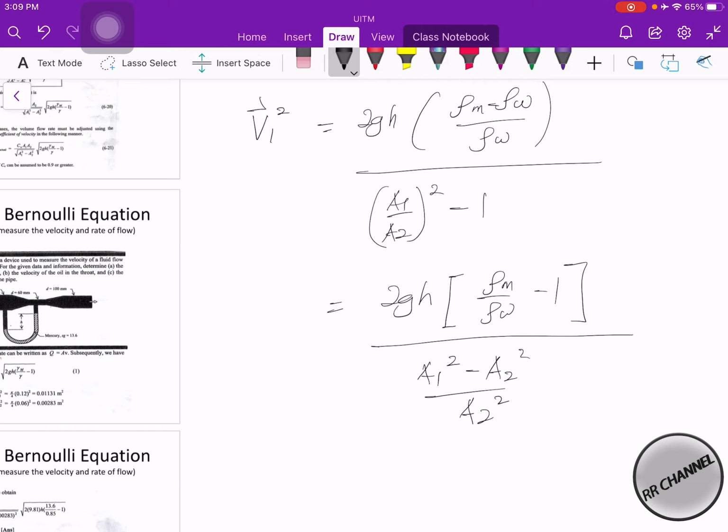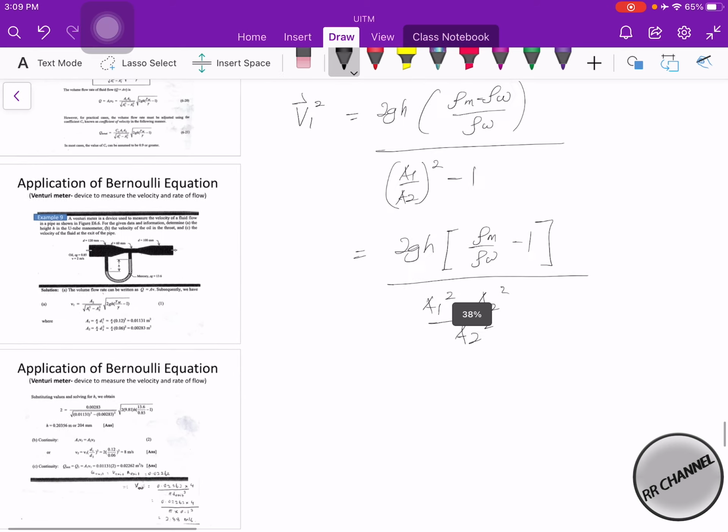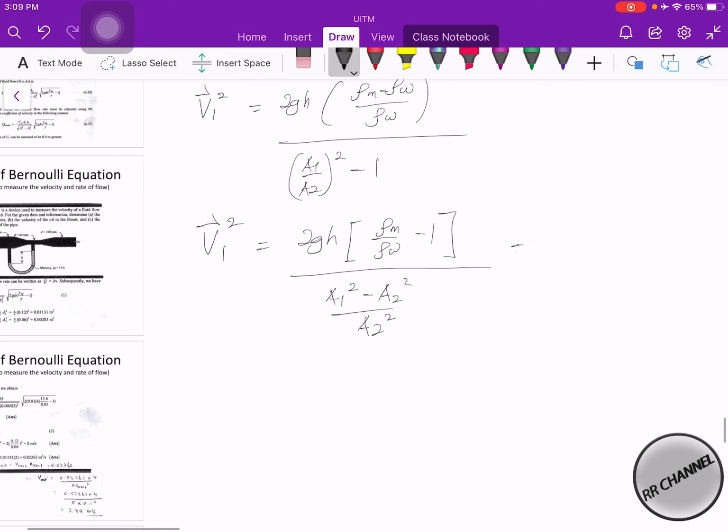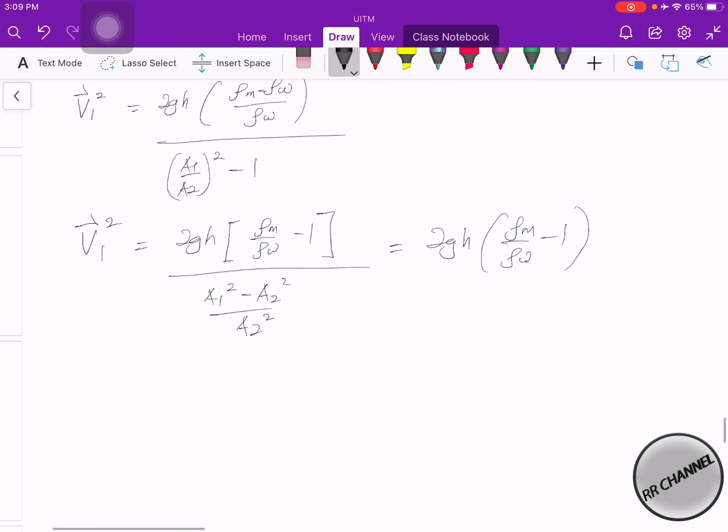Then for V1 square, this comes to g h times rho m over rho w minus 1, multiplied by A2 square, over A1 square minus A2 square.